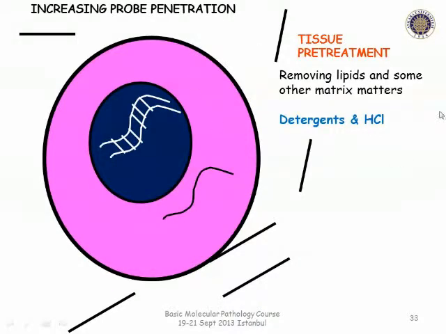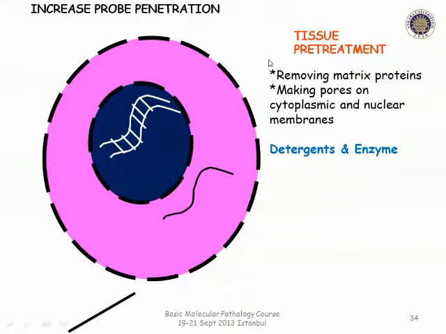So removing lipids and some of the other matters is important. Detergents and HCl are used for this. And also we need to remove matrix proteins, and make some pores in the membranes which allow the probes to penetrate to the nucleus, our target DNA.